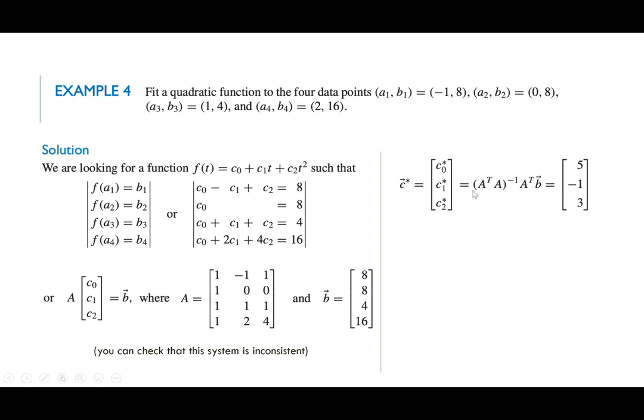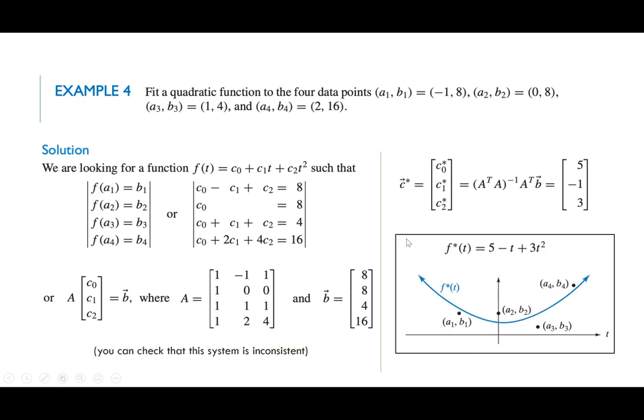And so we do that. We find the least squares solution, and we do it by just plugging away at these values of A and B that we have. Put that into a computer, you get 5, -1, and 3 as the coefficients. And so our least squares quadratic function is 5 minus t plus 3t squared.